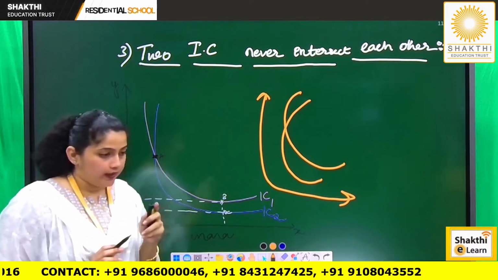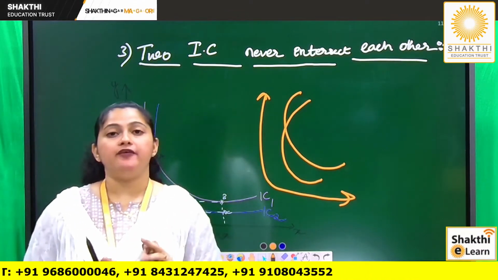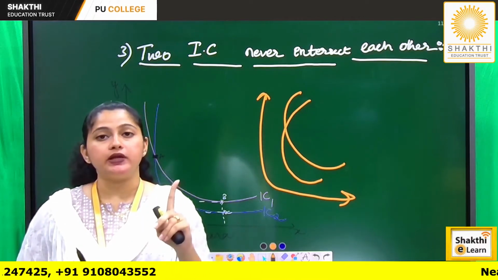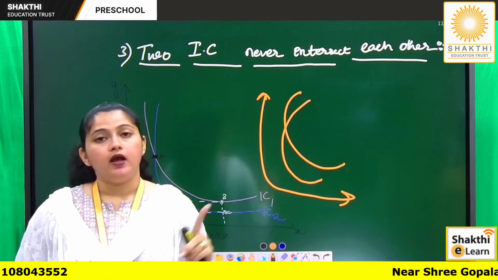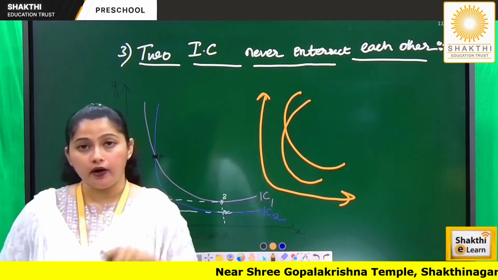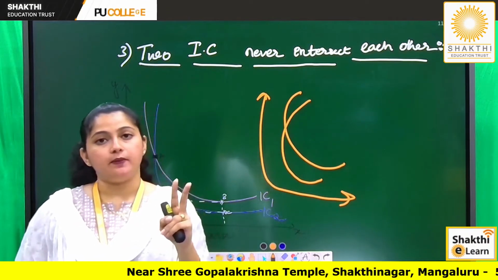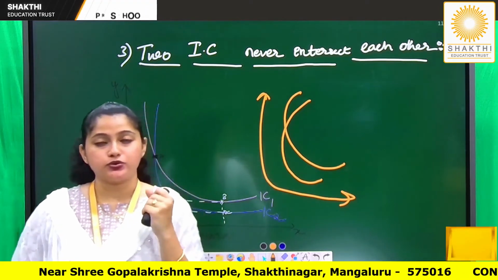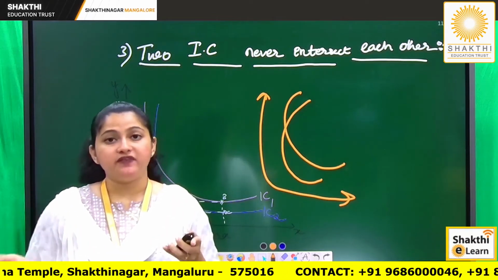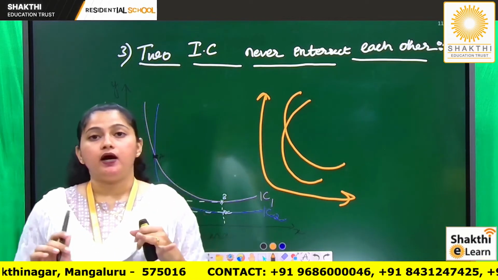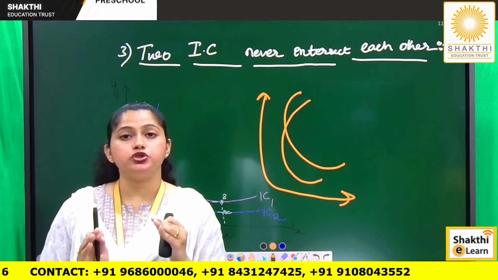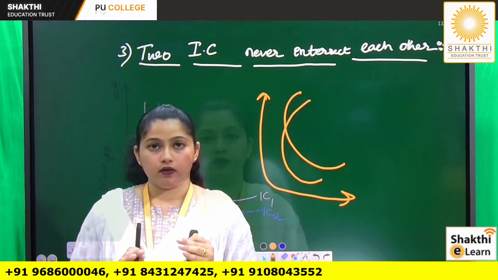So in this session, we have completed 2 important topics: the law of diminishing marginal utility, which comes under cardinal utility, and the other topic which I covered was indifference curve, which comes under ordinal utility. These 2 topics belong to the 6-mark questions which usually appear in the question paper. The previous topics, that is utility and the features of utility, are also important, and you are supposed to give importance to them.